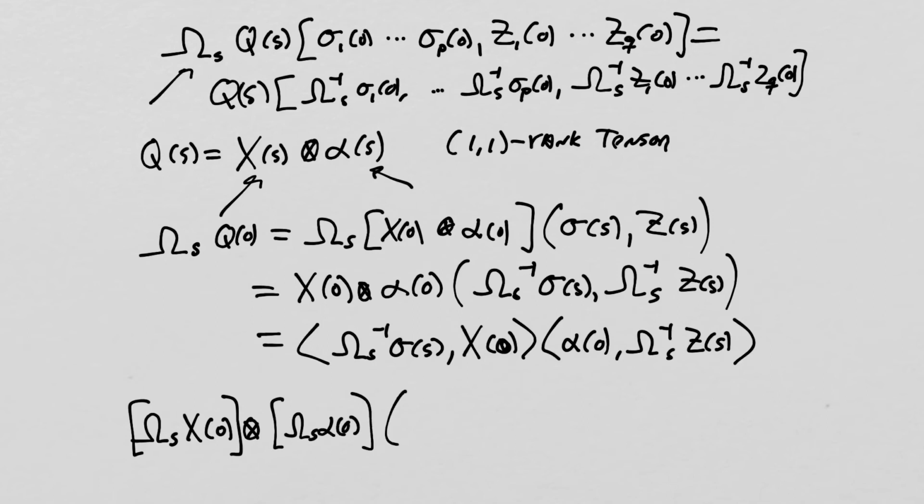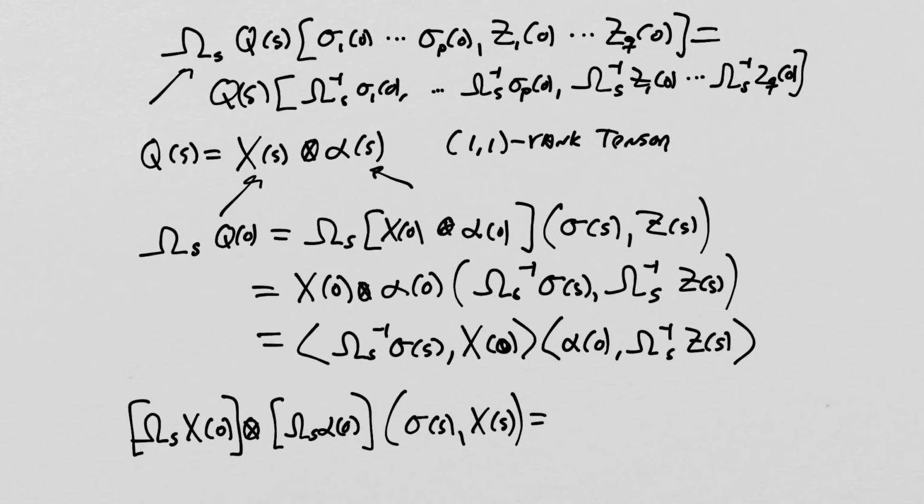And if we fed that sigma at 0 and x at 0, right? So this is a vector at S, and this is a vector at S. So I need to feed it two vectors, a covector and a vector at S, right? At S and at S.